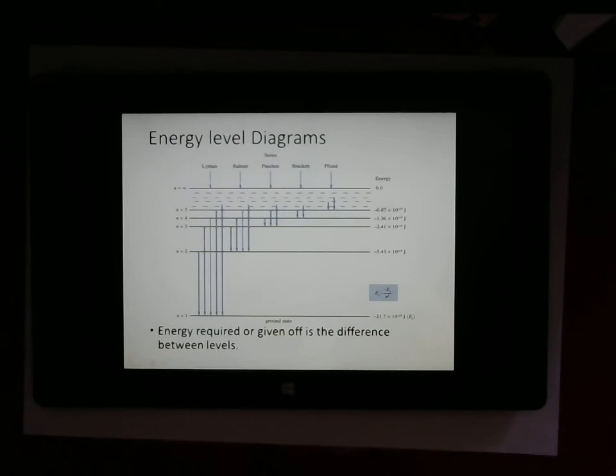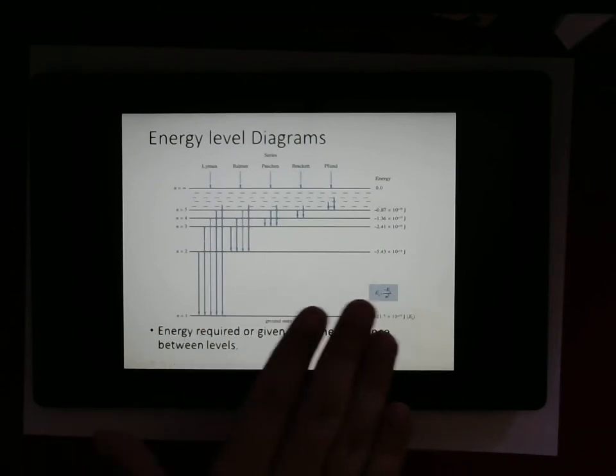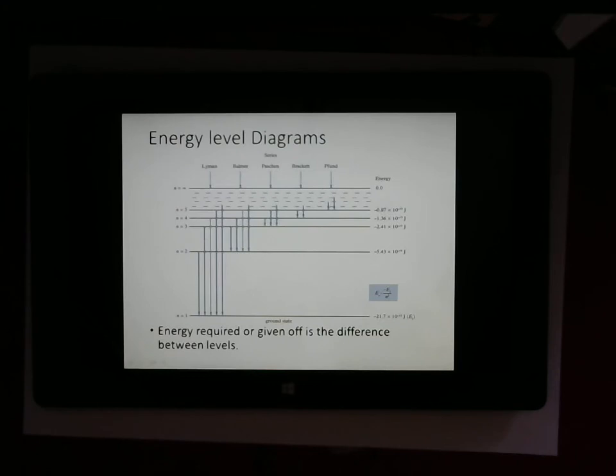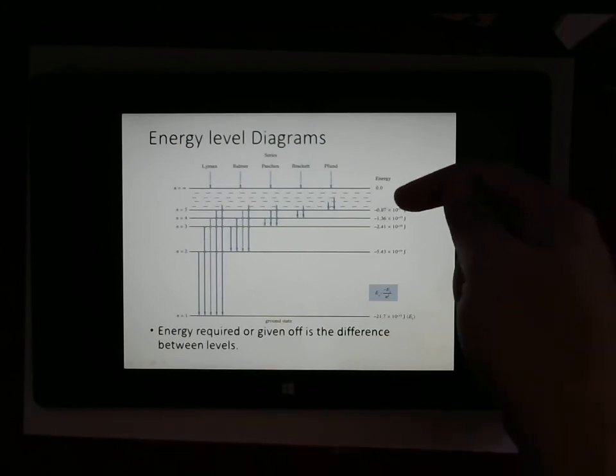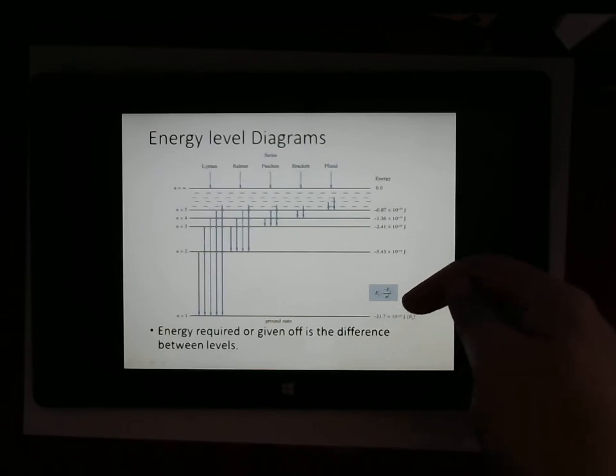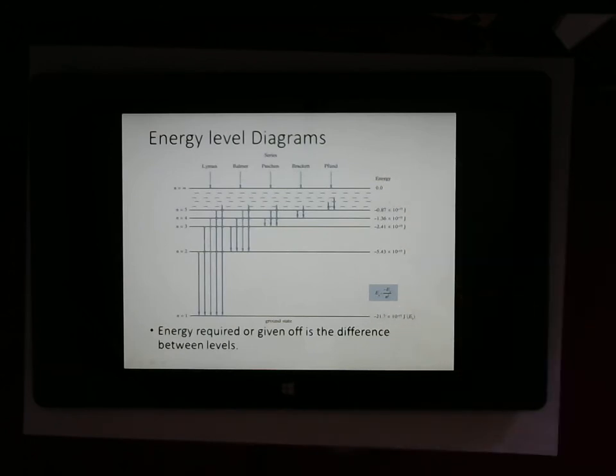But the opposite's also true. If I needed to get from 1 up to 2, I would have to give it 21.7 take away 5.43, so that's going to be 16.27. Okay, so I'd have to give it 16.27 times 10 to the negative 19 joules.